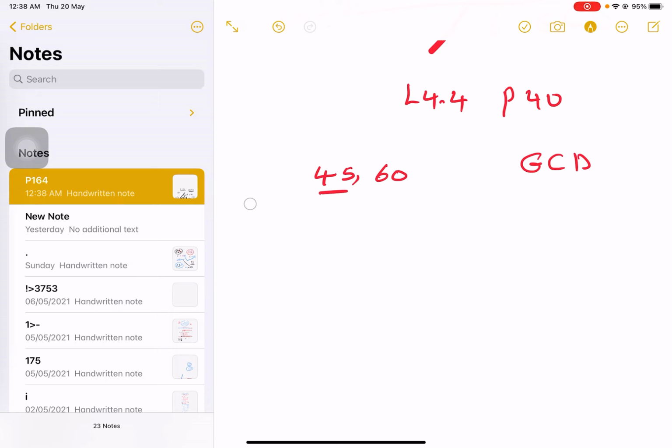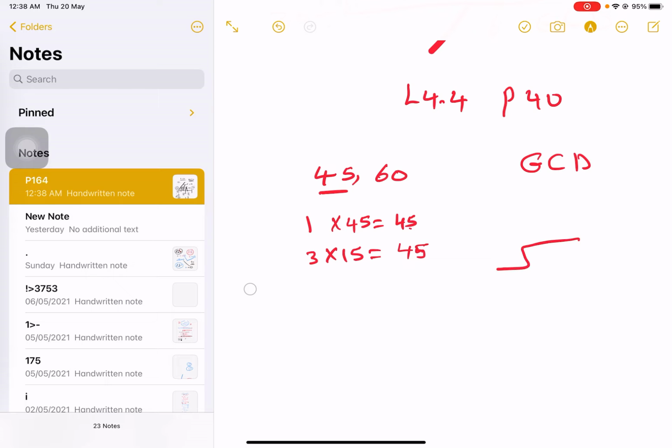Let's work with 45. What gives you 45? 1 multiply 45, of course, gives you 45. 2 is not a divisor of 45 because 45 is not an even number, so it cannot divide by 2. By 3, yes. 3 multiply 15 gives you 45. How will I know?